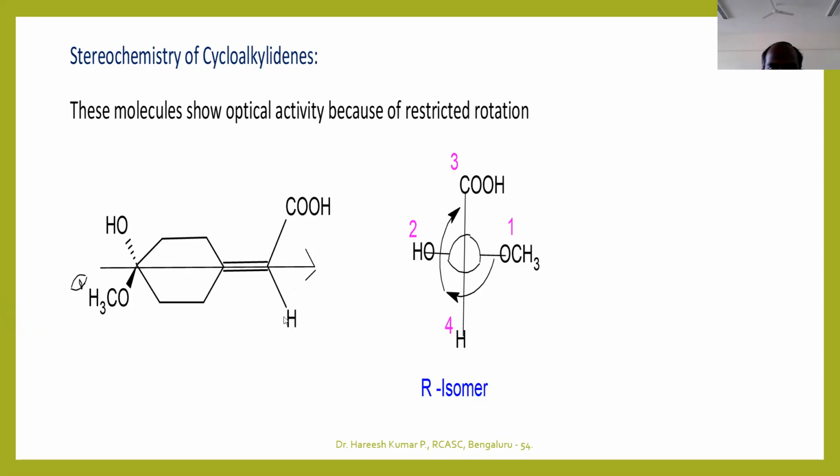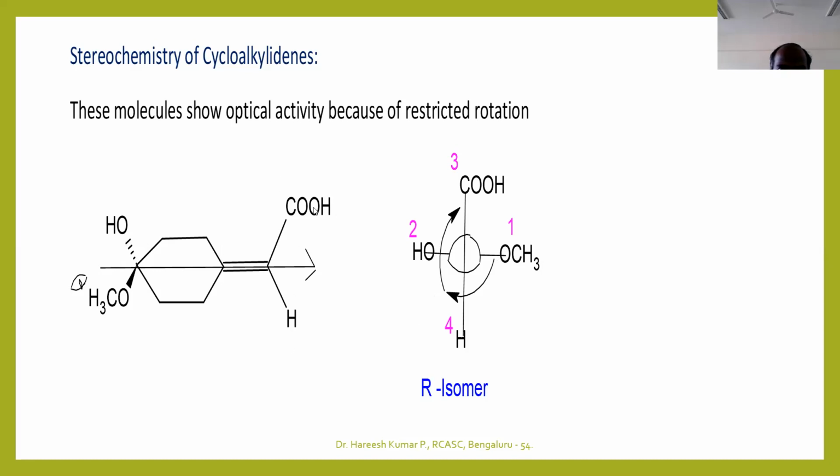When you write this into a format for assigning R and S configuration, you can observe that these groups are horizontal groups and these groups are vertical groups. Viewing from here, OCH3, the methoxy group, is on the right hand side, and the OH group is on the left hand side.